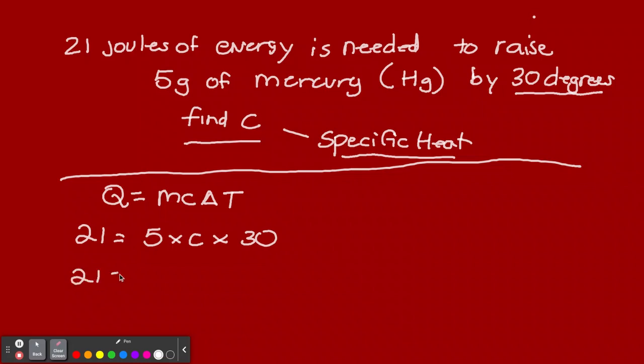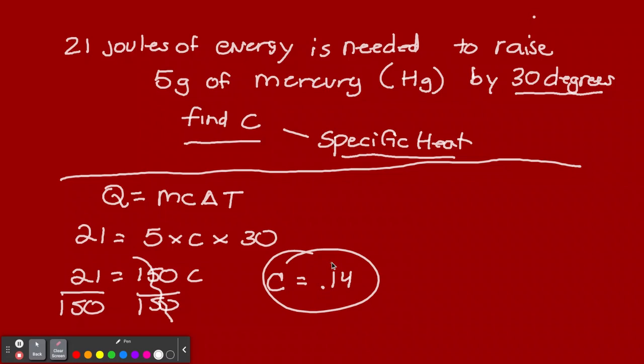So we're going to have 21 equals 150 C. And we'll just divide by 150 on both sides. Do a little algebra. Cross out so your math teacher doesn't get mad at you. And the specific heat of mercury is 0.14. All right. So those are the formulas for specific heat and heat energy.